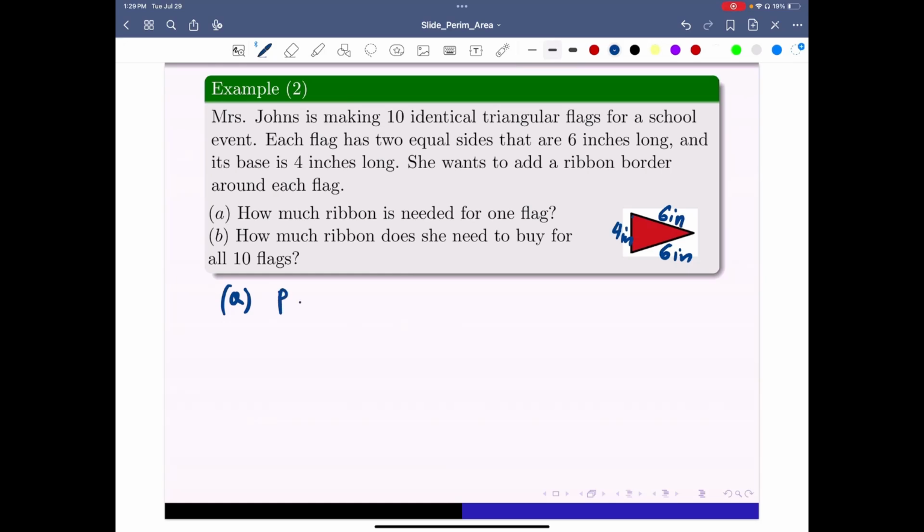So the perimeter equals 16 inches of ribbon for one flag. And then part B: because she's planning to make 10 of them, we need to multiply by 10. So 10 times 16 gives us 160 inches of ribbon she needs.